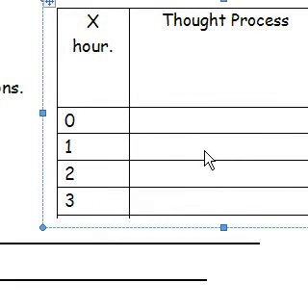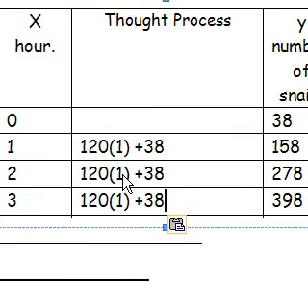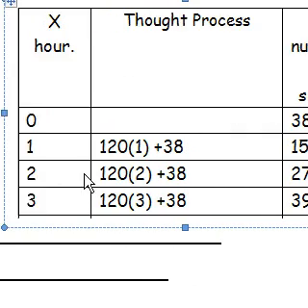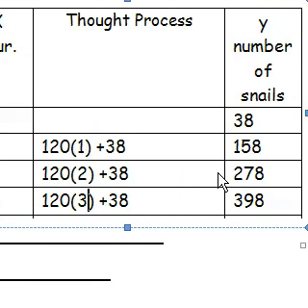So the rest of our thought process would be: the rate of change we said was 120 times 1 plus 38. This is 120 times 2, 120 times 3, and so forth.